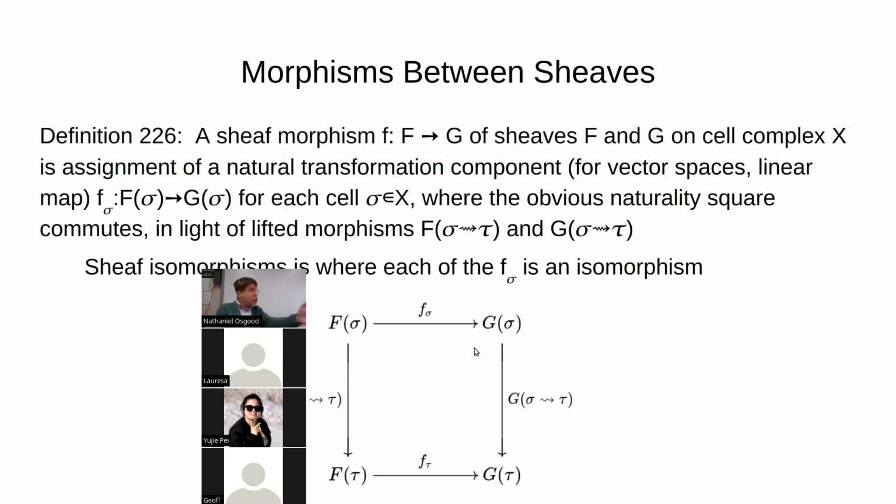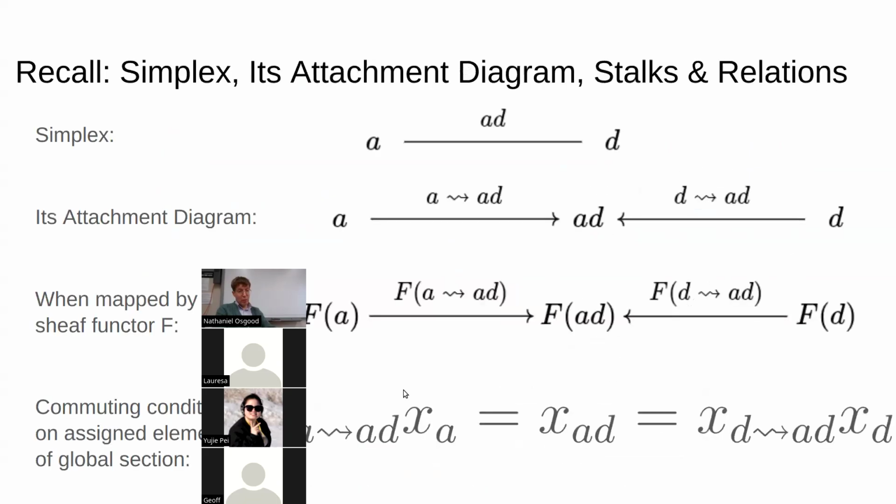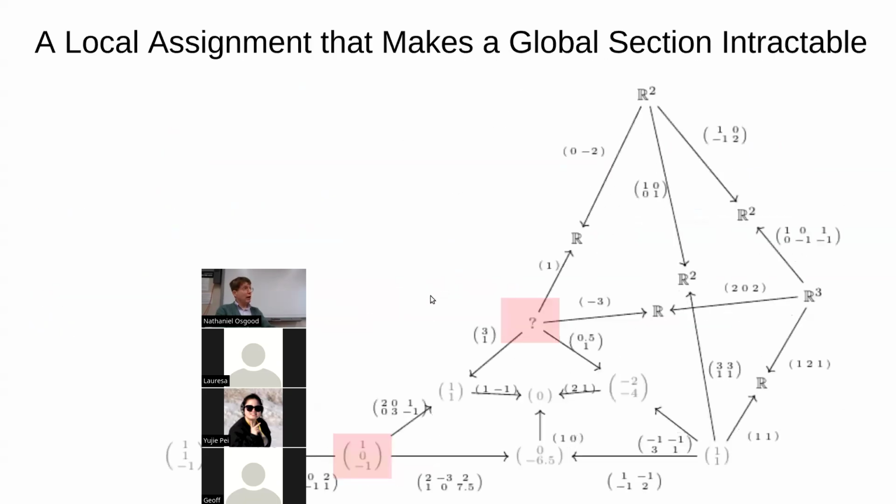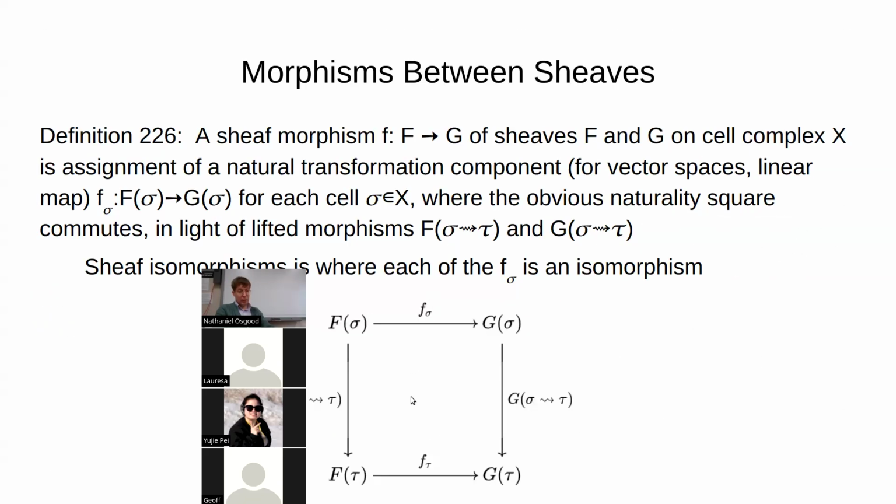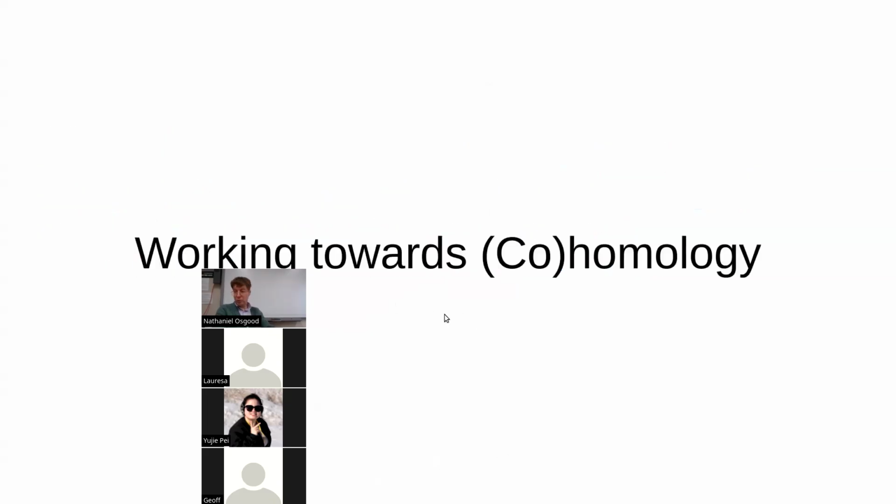There are no lots of extra conditions here. We are just dealing with functors here. But the functors do form a sheaf. This commutes. This has to commute. Okay. And you can formulate a sheaf isomorphism.